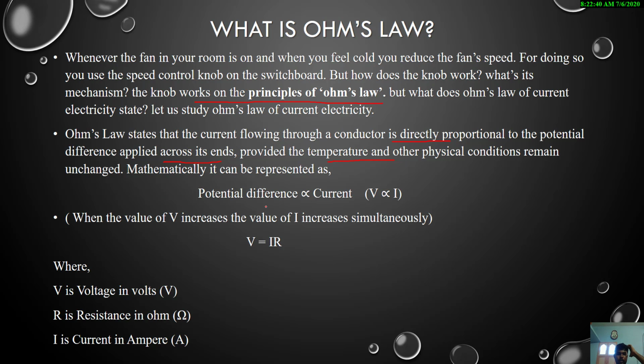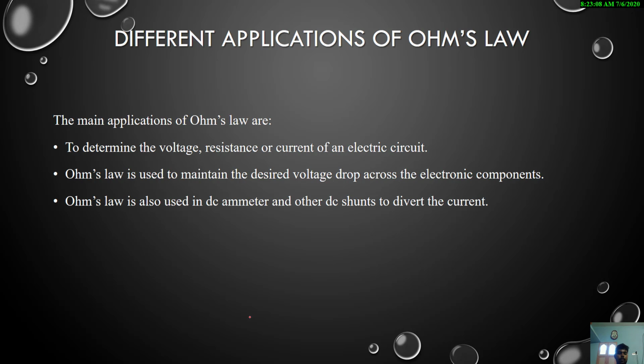Mathematically, V is directly proportional to I. Whenever the value of V increases, the value of I also increases simultaneously, where V is the voltage in volts, R is the resistance in ohms, and I is the current in amperes.